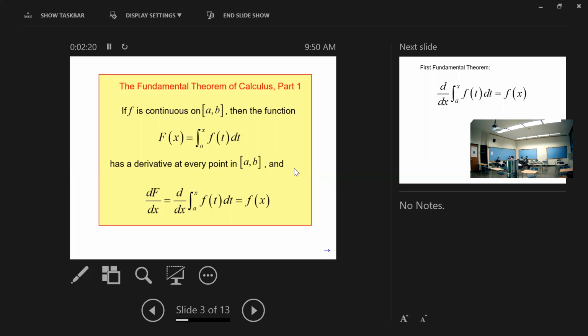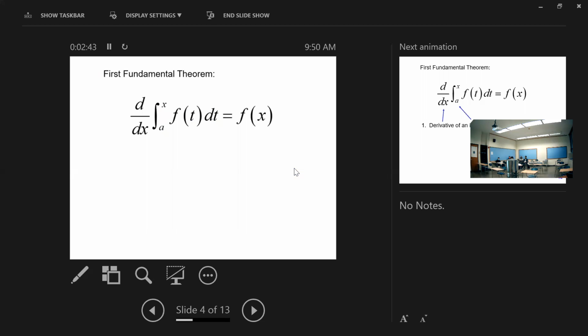So this is f of x. How are you getting that? You're anti-differentiating that, and then taking the derivative. So the derivative of big F, the derivative of big F is little f.